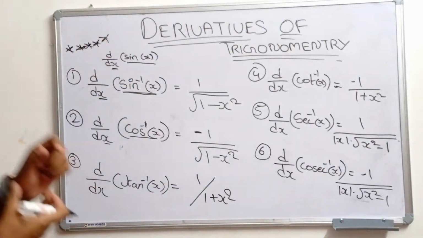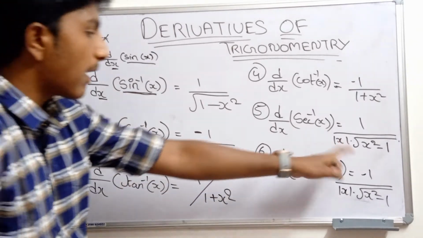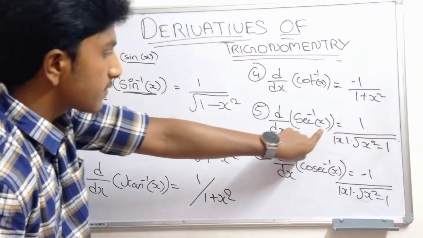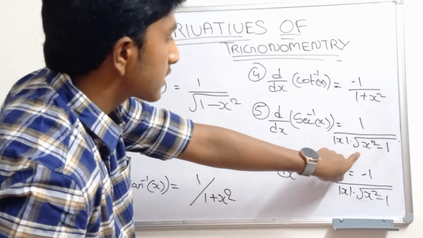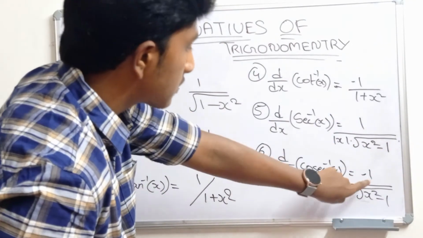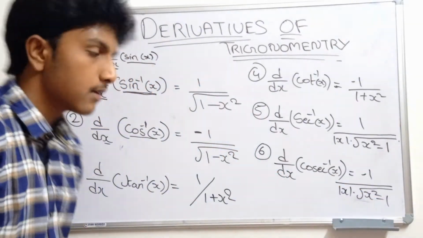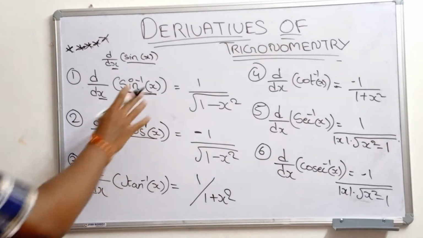Just keep the minus sign there, guys. Is it clear? D by dx of secant inverse x is equal to 1 by mod x into root over x square minus 1. D by dx of cosecant inverse x is equal to minus 1 by mod x into root over x square minus 1. Guys, is it clear? These are the 6 formulas.